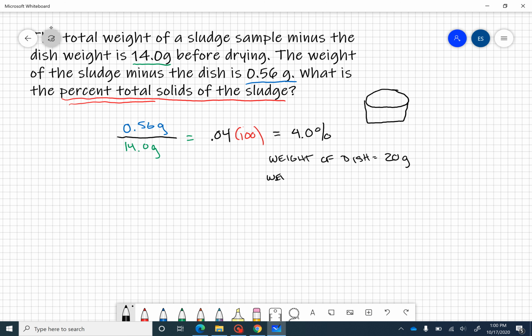And then the weight of the dish plus sample would be 34 grams.